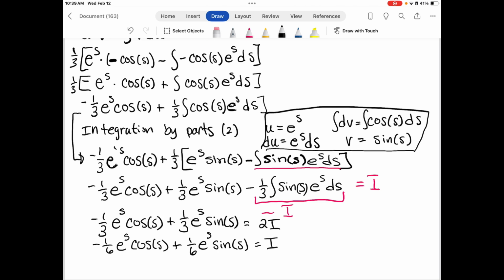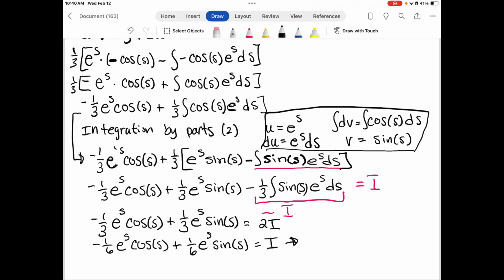Now we're almost there. I'm going to finish over here because of lack of room. Last step is to back substitute that s. We started with x's, so we want to end with x's for our variable. So s was the natural log of 3x.